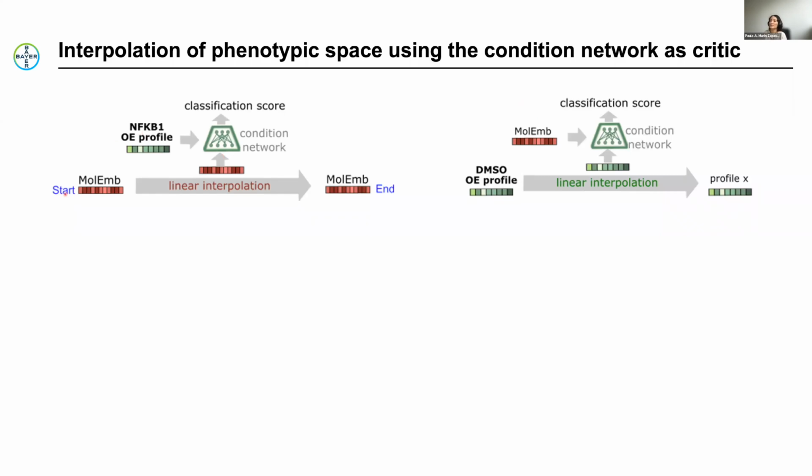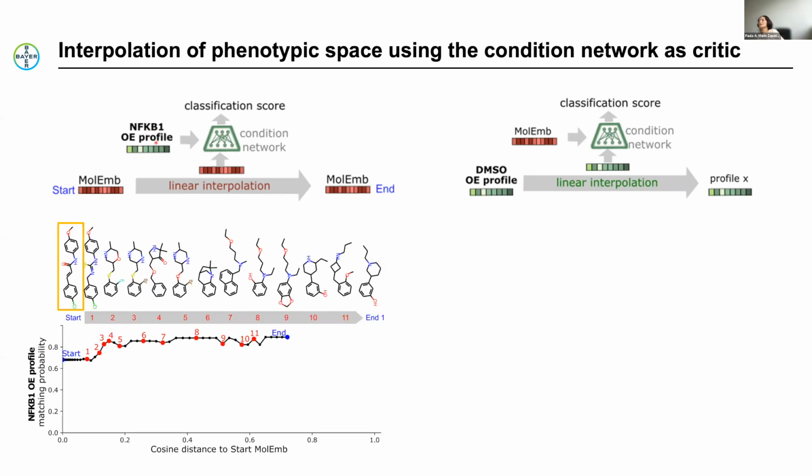For the chemical space, we start from a starting molecule, which is our reference agonist, do linear interpolation towards another molecule, and we use the condition network as a critic to tell us if the interpolated molecules match the NF-kappa beta overexpression profile or not. So this is an example of these interpolation curves.